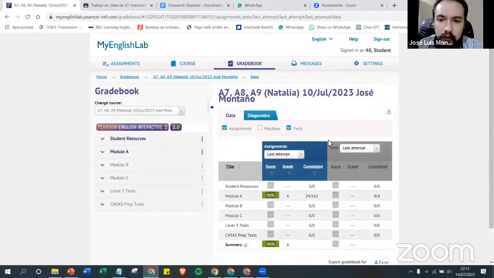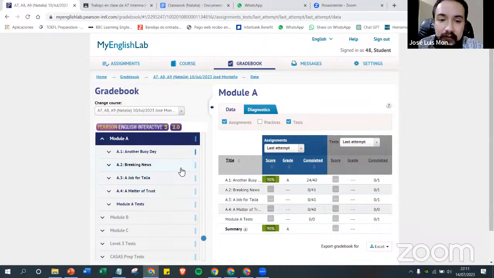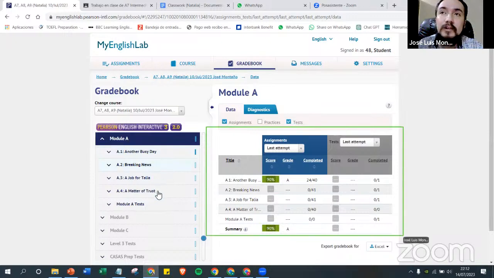All right, so this is everything in general, but we have to be more specific. So let's go to the left and open Model A, please. Now, this is everything that you have to complete. It should be here. Yeah, it's here. You have to complete all of this, but this is until the following Wednesday to the next one.